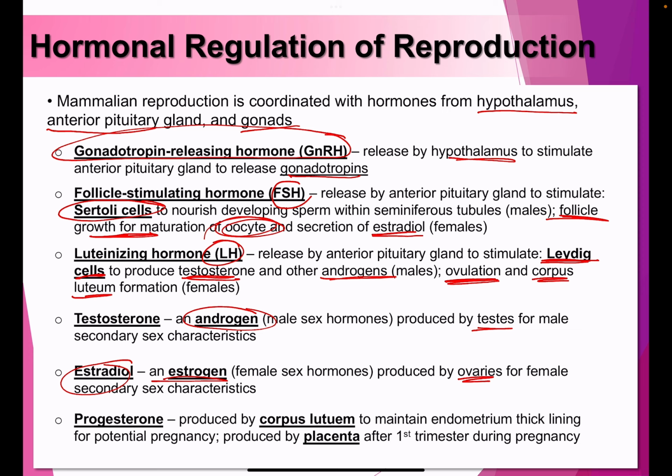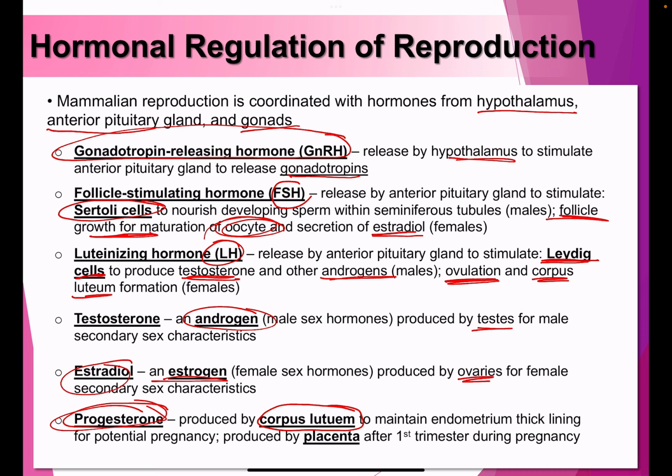And then progesterone is a third hormone, or second hormone, produced mainly by females. In this case, it is produced by a structure called the corpus luteum, which I was talking about right here. The corpus luteum is a little structure that forms within the ovaries to produce the hormone progesterone. What is progesterone important for?